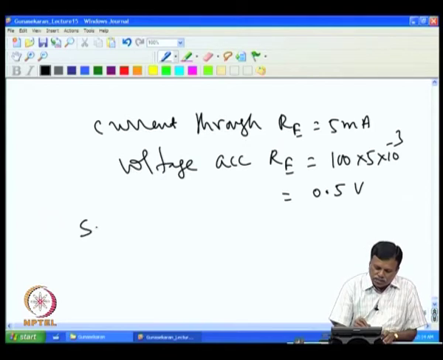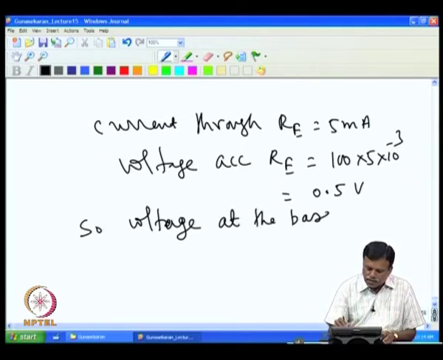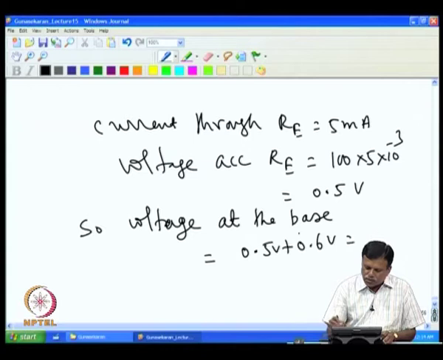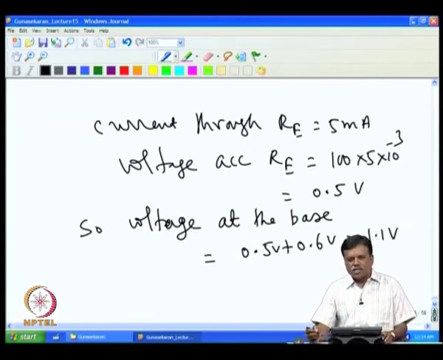So, the voltage at the base of the transistor is equal to 0.5 plus 0.6 volt, that is equal to 1.1 volt. So, we arrived at the base voltage.